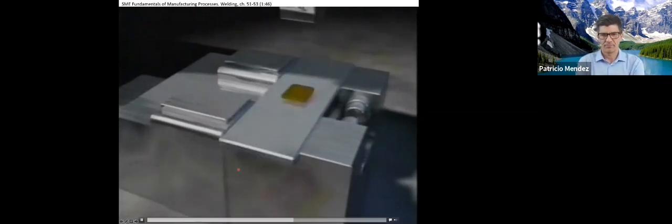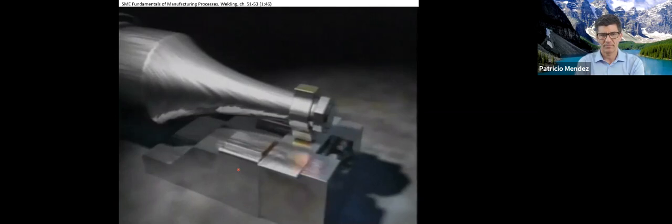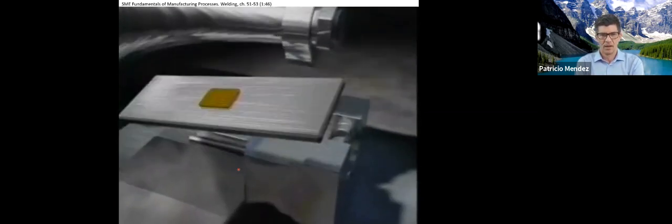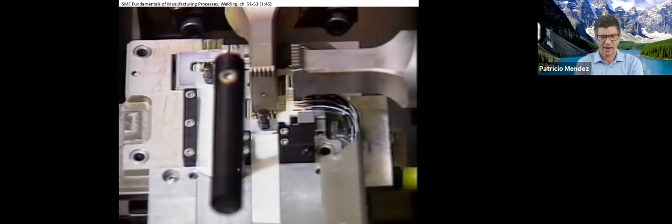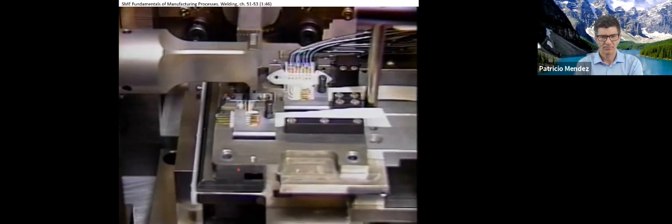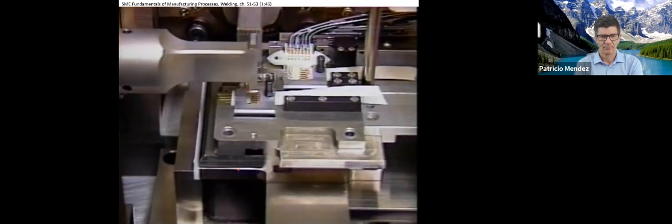This creates plastic deformation at the interface, resulting in a solid metallurgical bond. Under proper conditions, interface temperatures reach only 35 to 50% of the workpiece melting temperature.